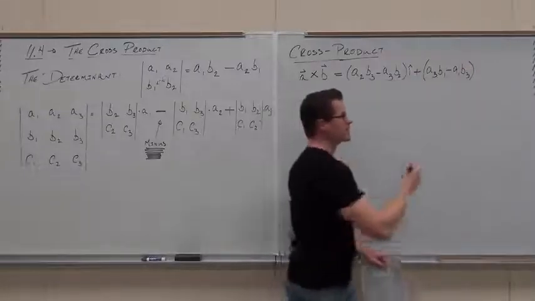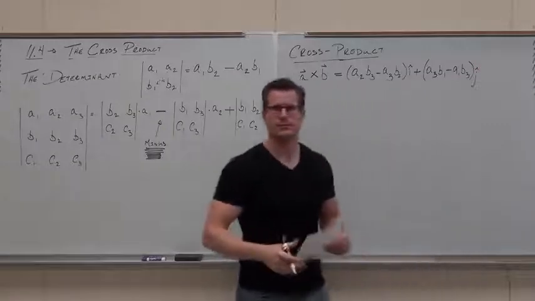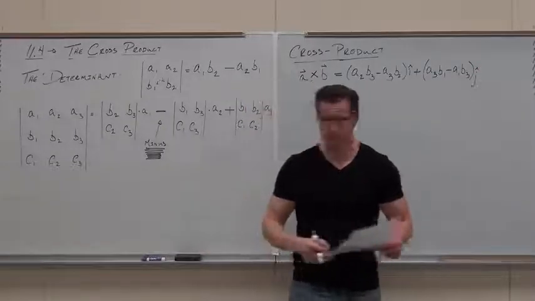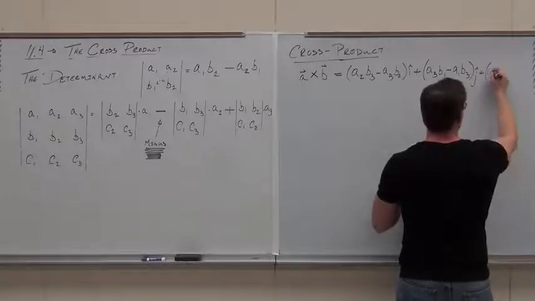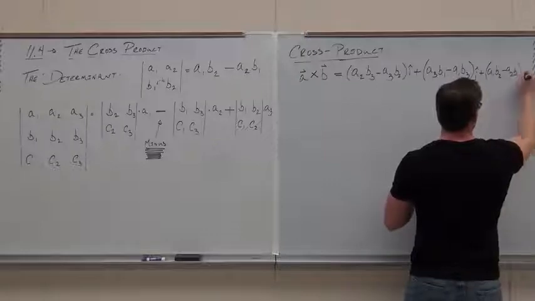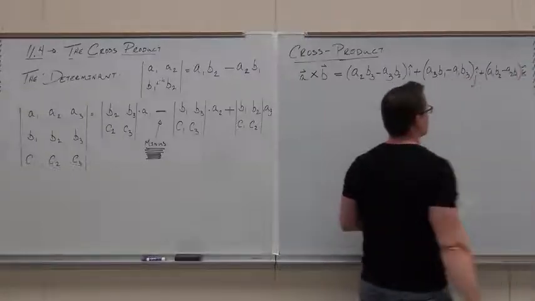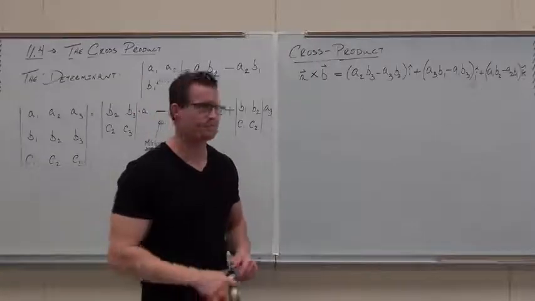A3B1 minus A1B3, then puts a J after them. And then A1B2 minus A2B1, and puts a K after it.